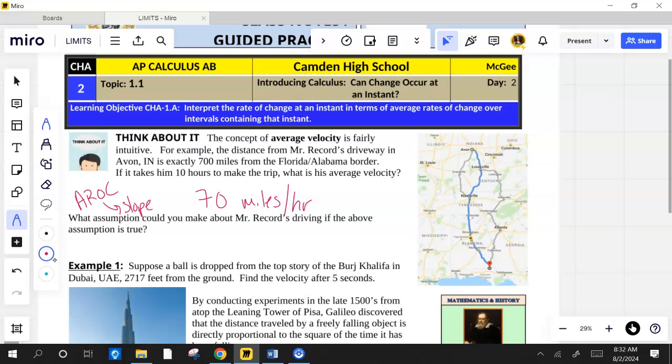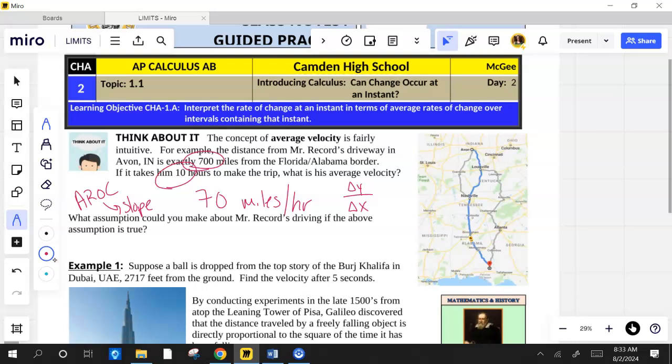Because by thinking, he ended up 700 miles in 10 hours, but where did he start? 0 miles at 0 hours. So remember what that slope is? Y2 minus Y1 over X2 minus X1, or we even did it like this: change in Y over change in X. Y is my miles.